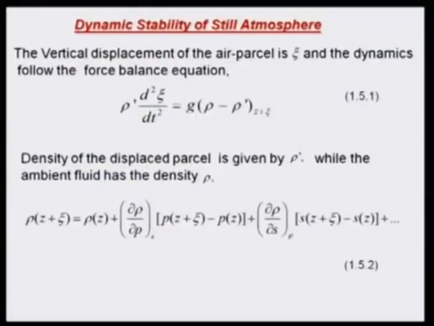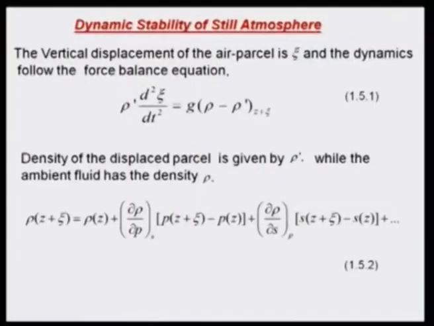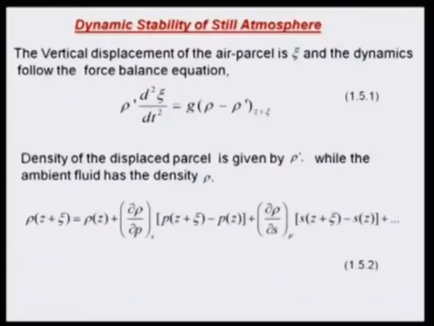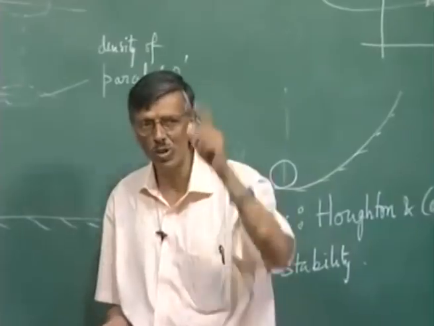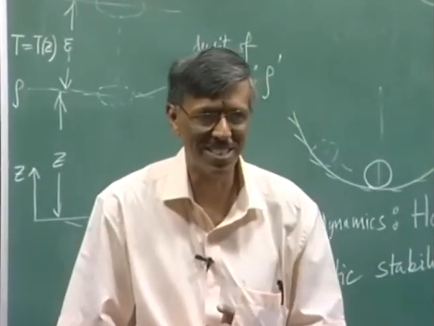And what is the buoyancy force? g times rho minus rho prime, and this is where we are trying to find out at the disturbed location. The disturbed location is z plus xi. Now, we want to solve this equation and see the detailed motion xi as a function of time. That is your dynamic stability.